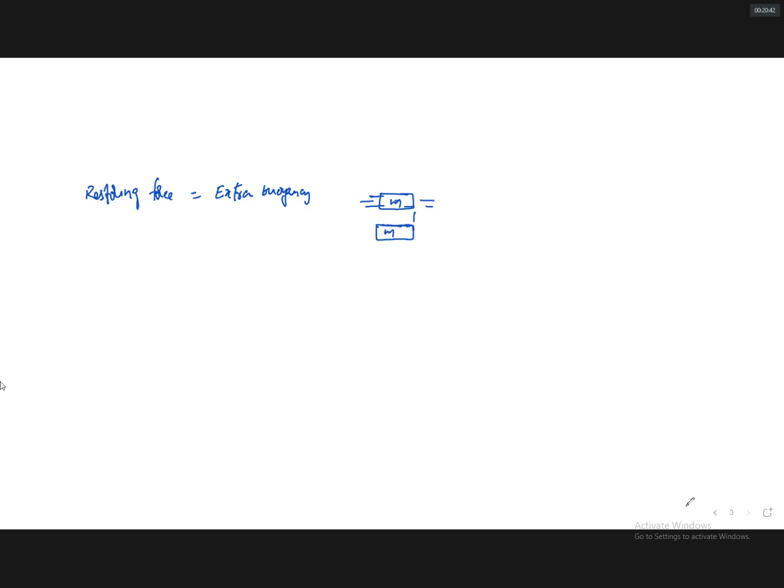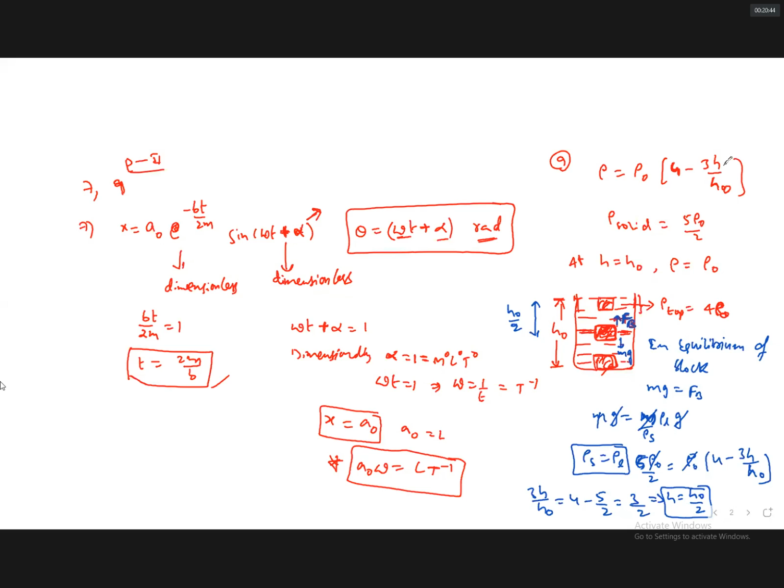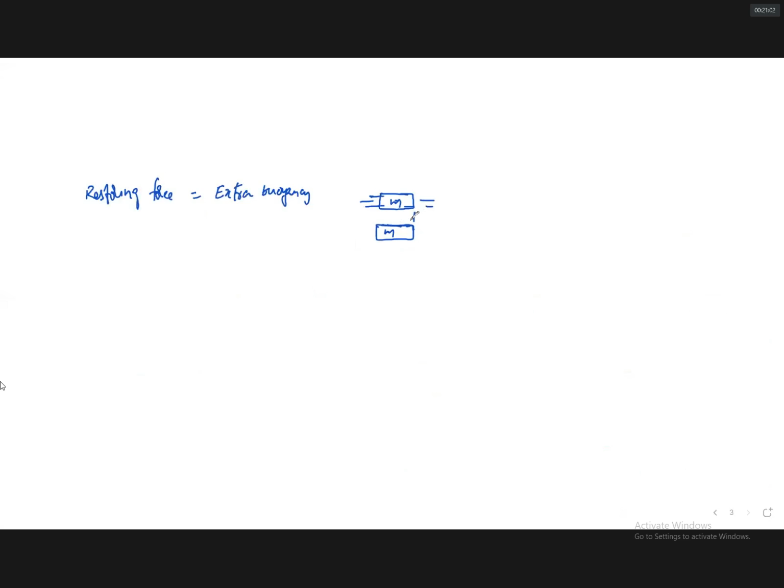Net force here, when h is equal to h naught by 2, 3 by 2, 5 rho naught by 2. When we go down further, what happens to the density of the liquid? We go down further by a small amount, buoyancy force is acting upward and mg is still acting downward.